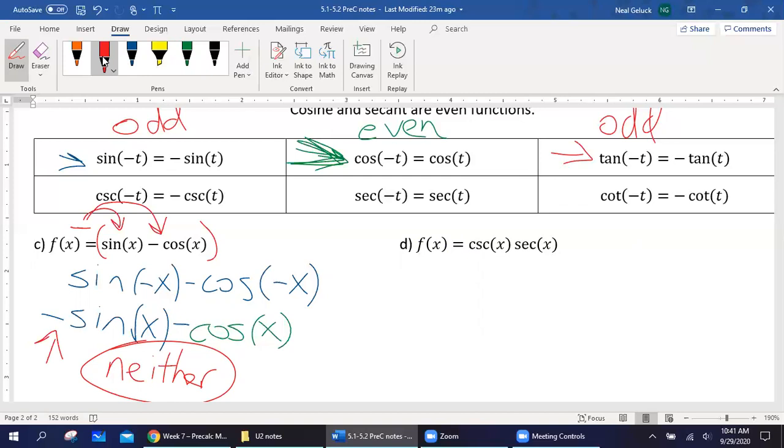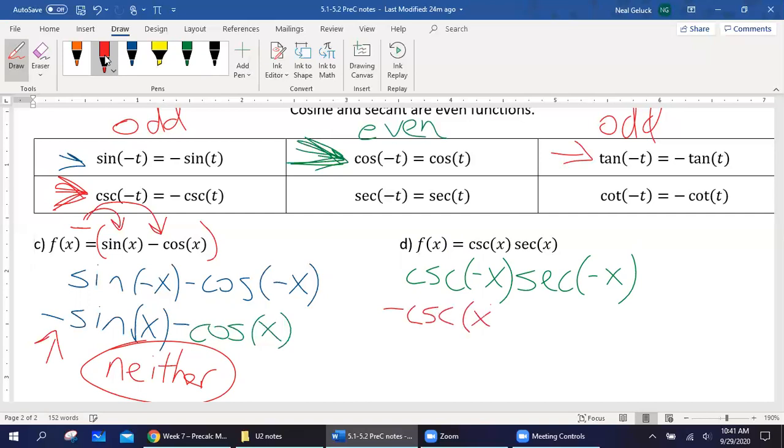For letter D, same thing. Let's replace the variable with its negative and see what happens. All right, cosecant is an odd function, so the negative will come out.